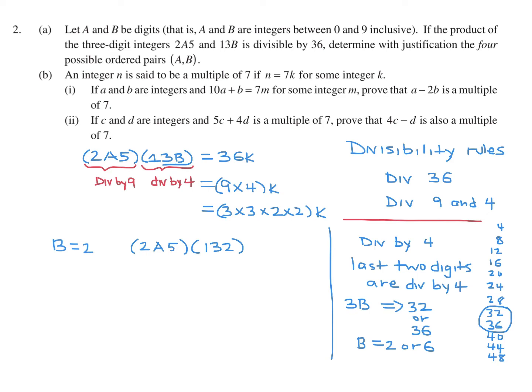We previously stated that this is divisible by 4, which it is, 32 is. That takes care of this guy. But interestingly, 132 is also divisible by 3, so we've taken care of all of these. All we really need is for this last one to be divisible by 3.